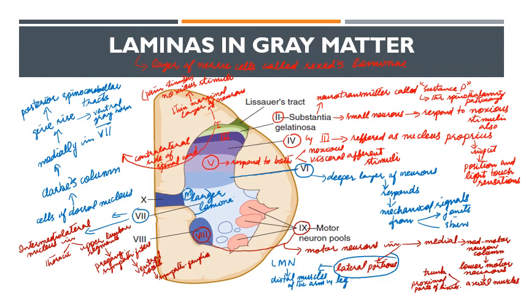Then is the last lamina, that is lamina 10, and this lamina 10 represents small neurons around the central canal.